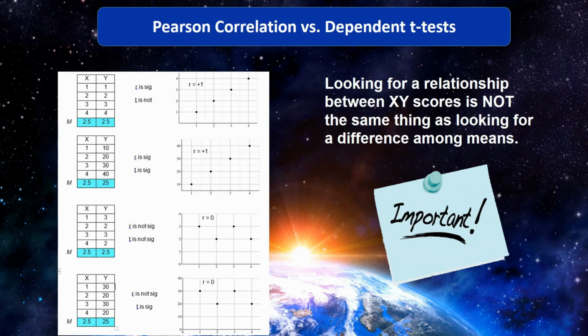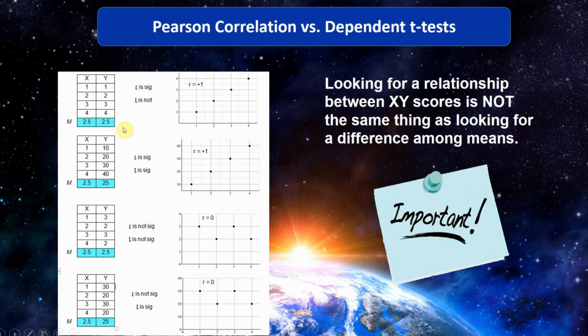Now, I did this so that you would understand that looking for differences among means is not the same thing as looking at scores. Just remember, in reality, if this was height and this was weight, I don't see why you would want to compare the mean height to the mean weight.